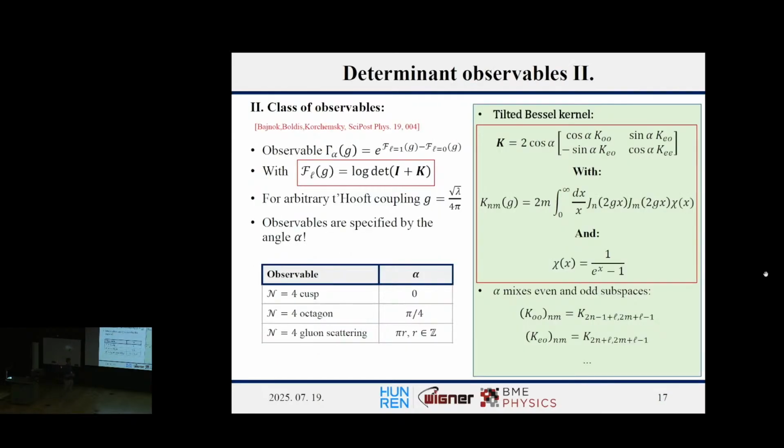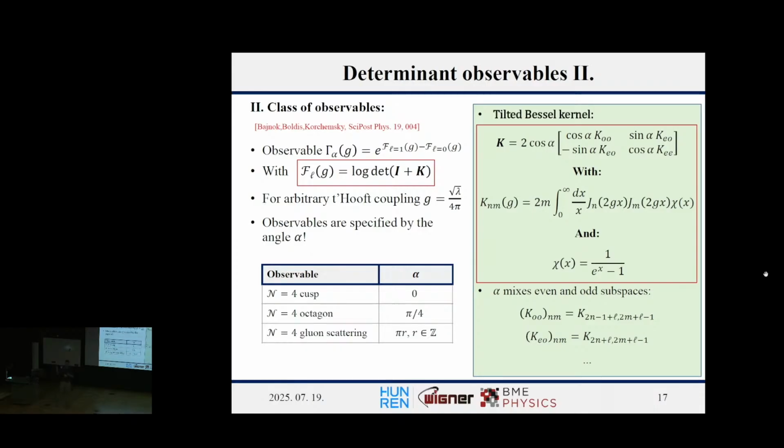I don't have so much time, but I want to talk about the second class a bit as well. This is from our third paper, and this is another class of these determinant observables. Here the structure is a bit more difficult, because now you have a determinant of not just an infinite matrix, but a 2x2 block of 4 semi-infinite matrices.